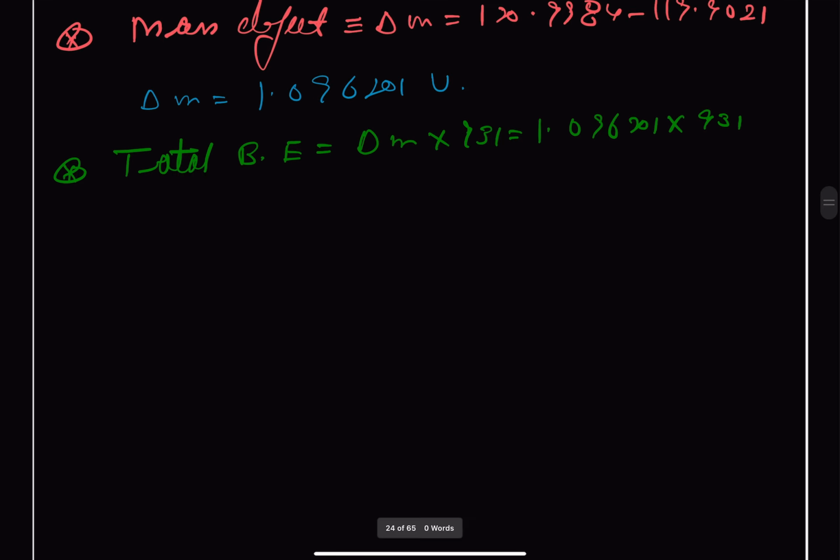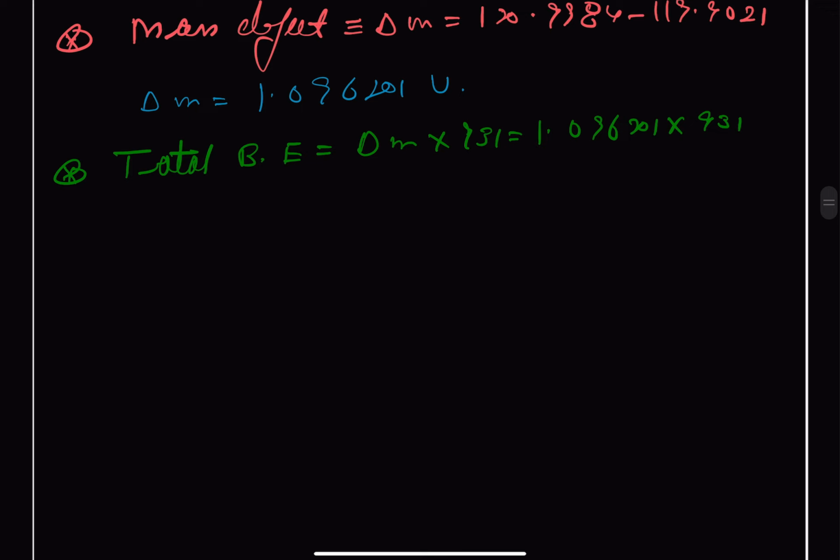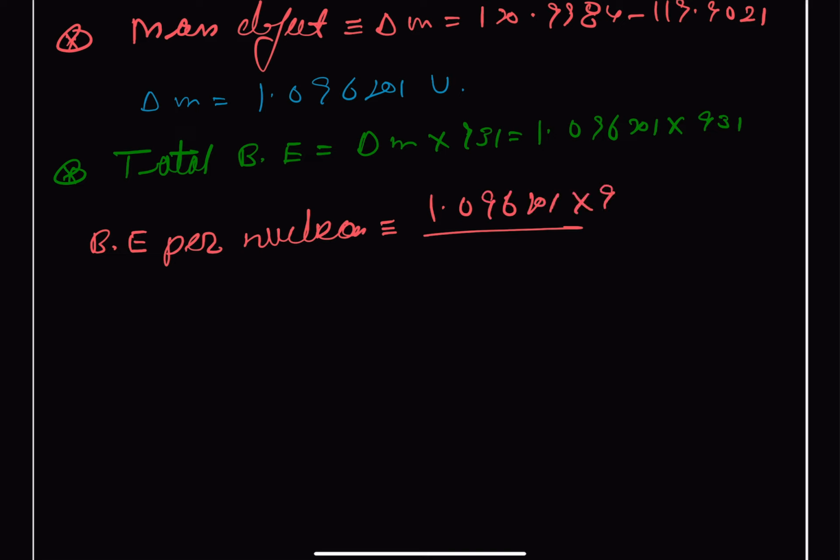And we are supposed to do it per nucleon. Okay, so from here we can write that our binding energy per nucleon will be equal to total binding energy, that is 1.096201 multiplied by 931 and divided by A, and A is our 120.